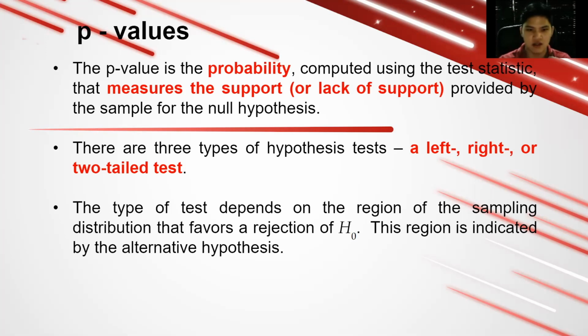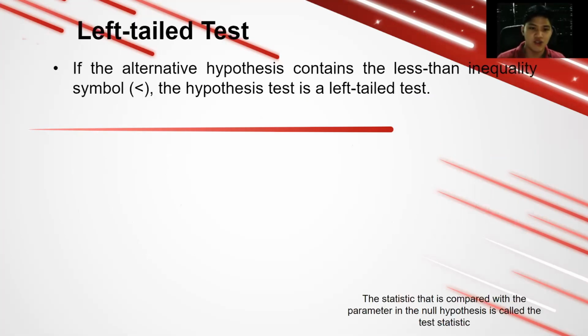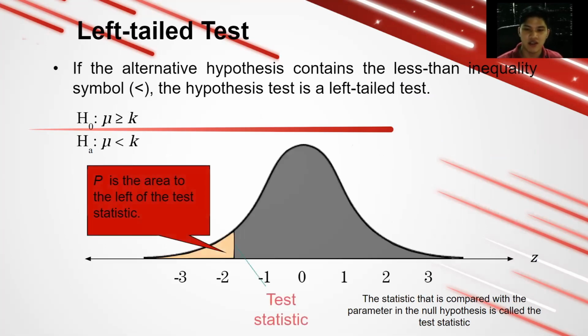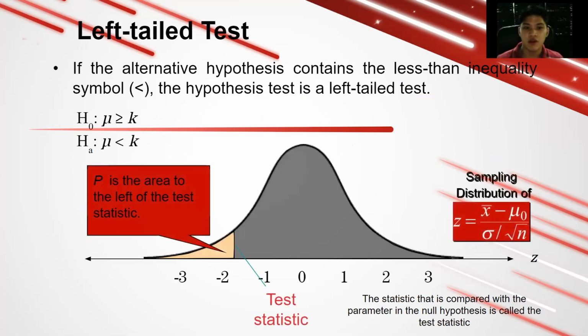Now, let's discuss what a left-tailed, right-tailed, and two-tailed test is. This is your left-tailed test. If the alternative hypothesis contains the less than inequality symbol, the hypothesis test is a left-tailed test. As you can see in our example, our null hypothesis states that mu is greater than or equal to k, while our alternative hypothesis is mu is less than k.